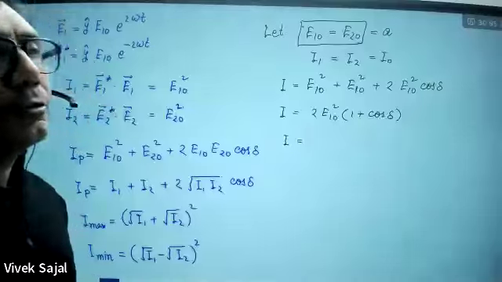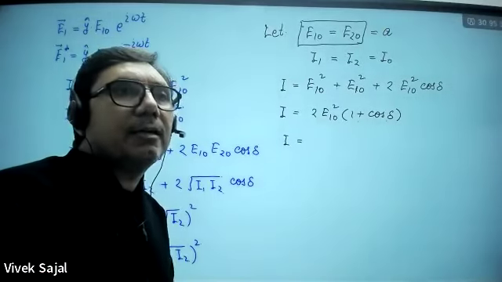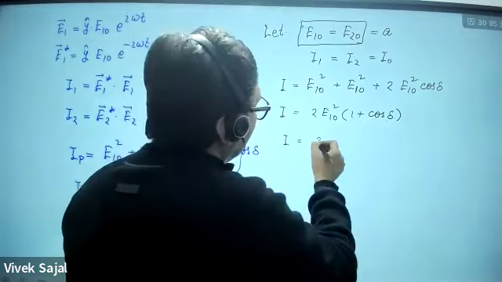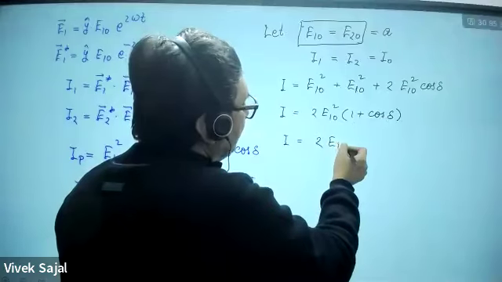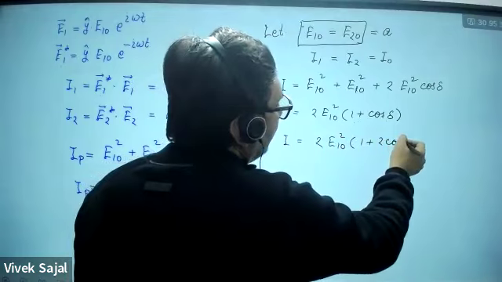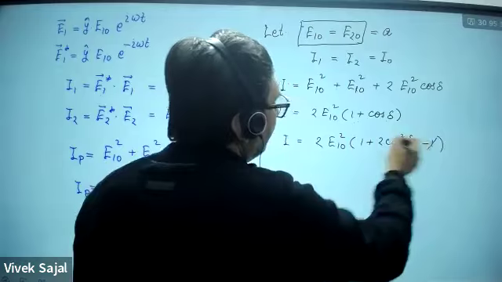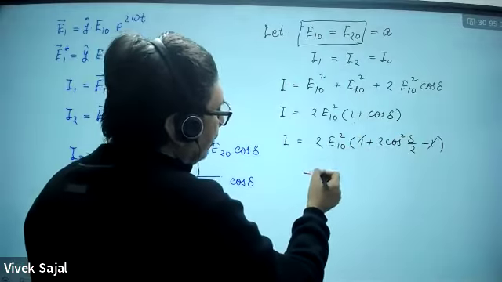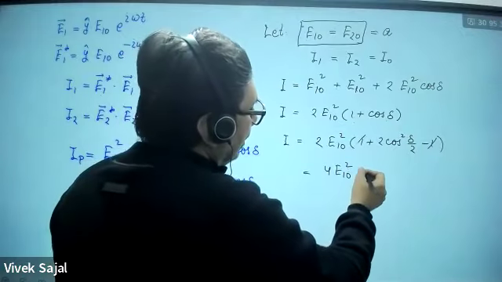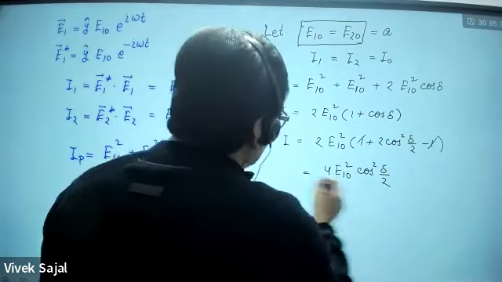So what is 1 plus cos delta? 1 plus cos delta will be 2 cos square delta by 2 minus 1. So the minus 1 will cancel out. So I can write 2 times E1 naught square times 1 plus 2 cos square delta by 2 minus 1. The minus 1 is going to cancel out here, and you will have 4 E1 naught square cos square delta by 2.